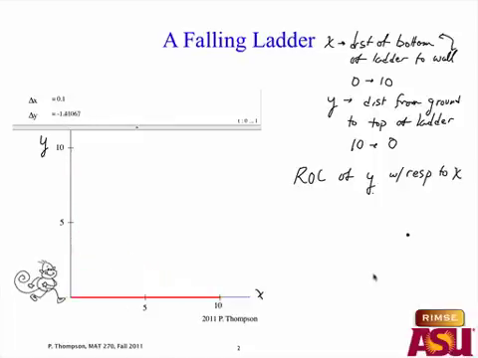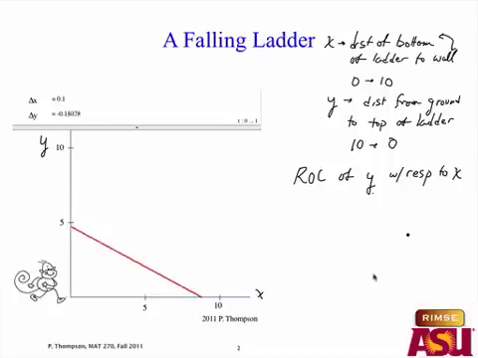So these are two quantities changing together, right? x is going from 0 to 10 as y goes from 10 to 0. So we could talk about the rate of change of y with respect to x. What would we need to formalize that, or get an equation for the rate of change of y with respect to x?